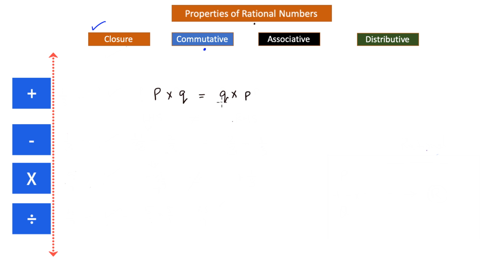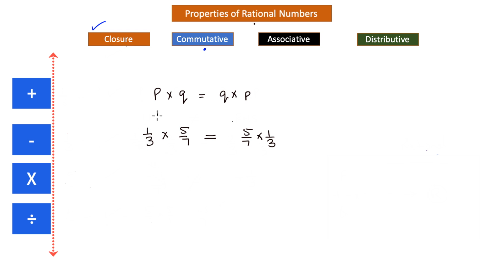For example, if I take my first number to be 1/3 and the second number to be 5/7, is it the same thing as stating 5/7 first and then taking 1/3 as the next in the sequence of this multiplication? And yes, it will be equal, because when you multiply two numbers, you don't care in what sequence they appear. You simply multiply everything and that is your net result.